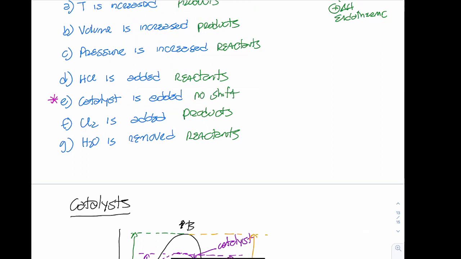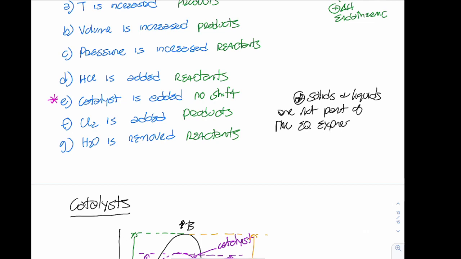So we should actually write that. Things that don't shift the equilibrium, remember, solids and liquids are not part of the equilibrium expression, right? Not part of our law of mass action.